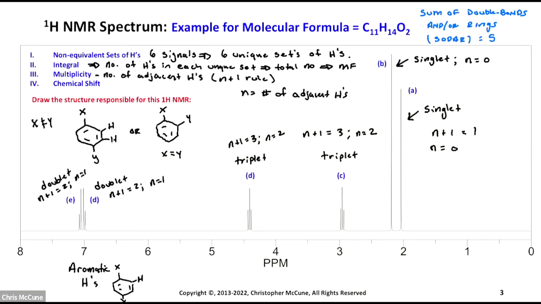Both of those would give 2 signals in the aromatic region as a result. Okay, so you can get a lot of information about connectivity by understanding and looking at an NMR spectrum. Lastly, the chemical shift tells me about the electron withdrawing or donating environment. And so down here, it's more electron withdrawing environment than whatever else is attached to the far right of the structure. So you can see that in the different chemical shifts.